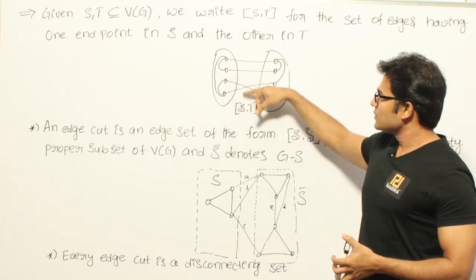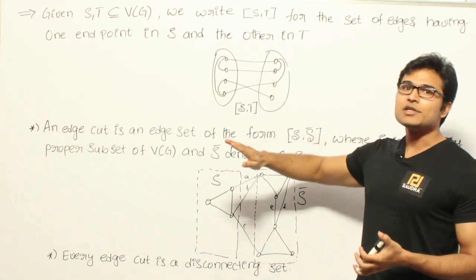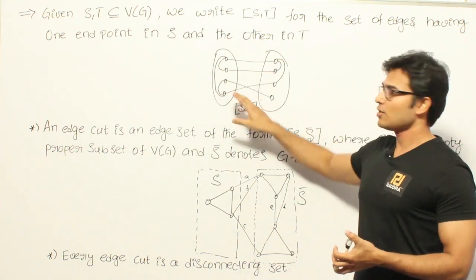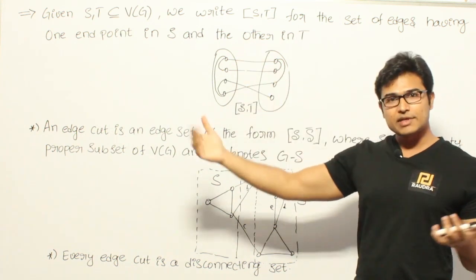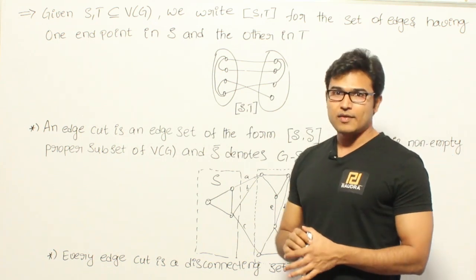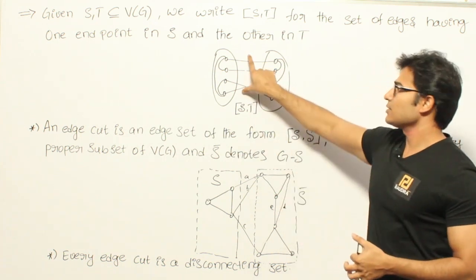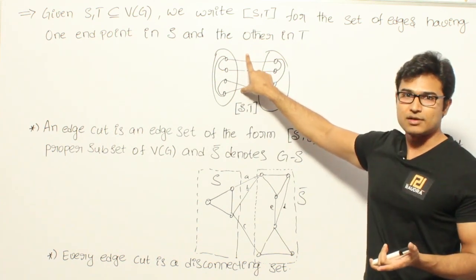Whenever you have these crossover edges, it is clear that they are all forming a kind of bridge from this side to that side, isn't it? Now if you remove that bridge, if you remove all those edges together, it is anyway going to disconnect the graph, which means you are going to get more than one component, right? In that case, this edge set is nothing but a disconnecting set according to the definition, right?